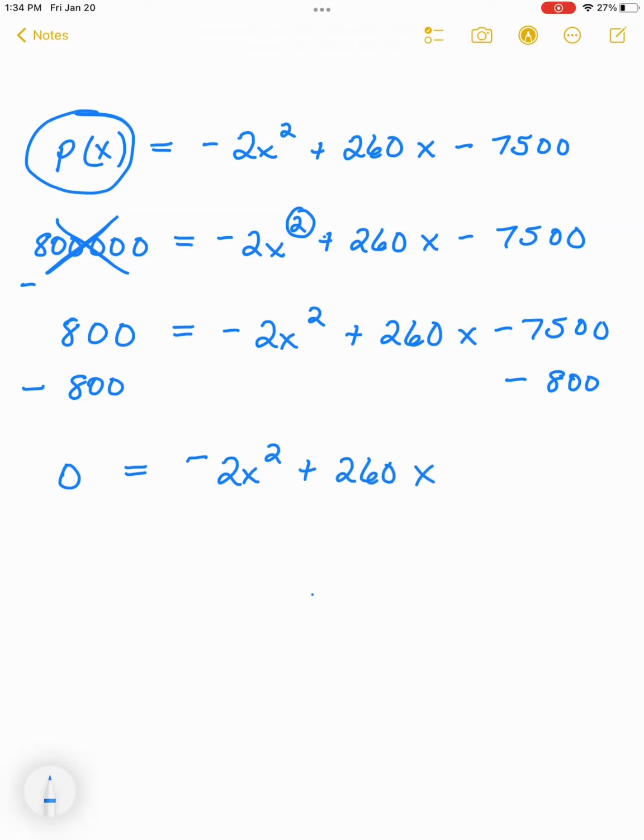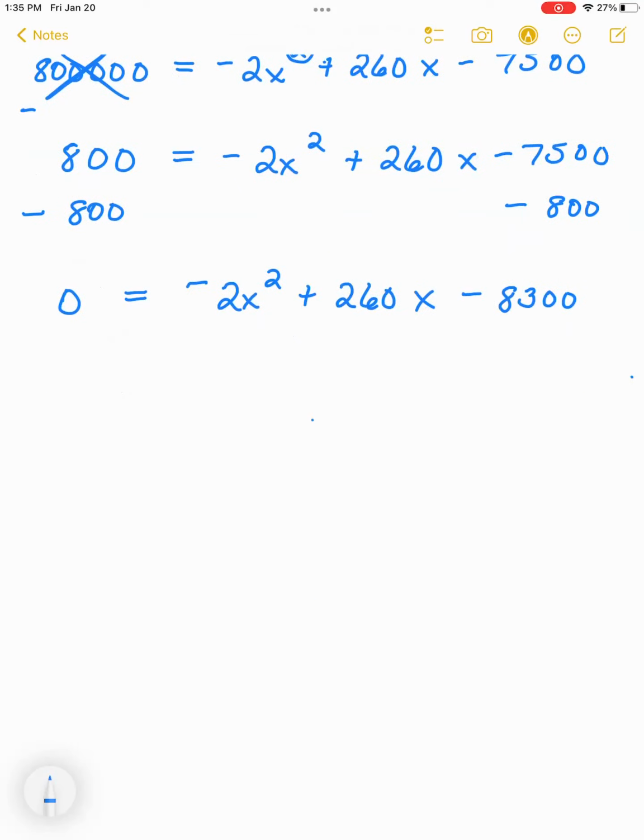And negative 7,500 minus 800 is going to be negative 8,300. Just verifying that on my calculator. All right, so it's a quadratic equation, so I'm going to go ahead and make use of the quadratic formula.